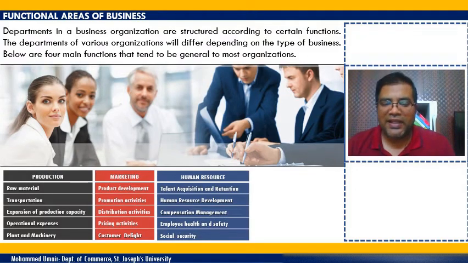So the third functional area is human resource management. Human resource management's role has evolved over a period of time. As a subject, it has gone through some major developments and changes. What started earlier as personnel management treated employees as machines whose job is purely to complete the task assigned to them.